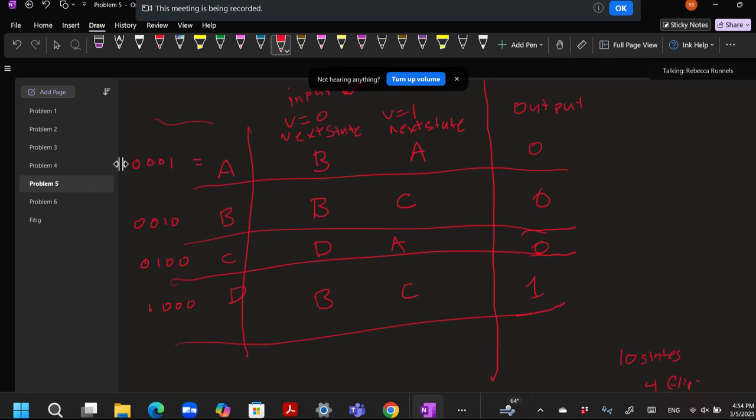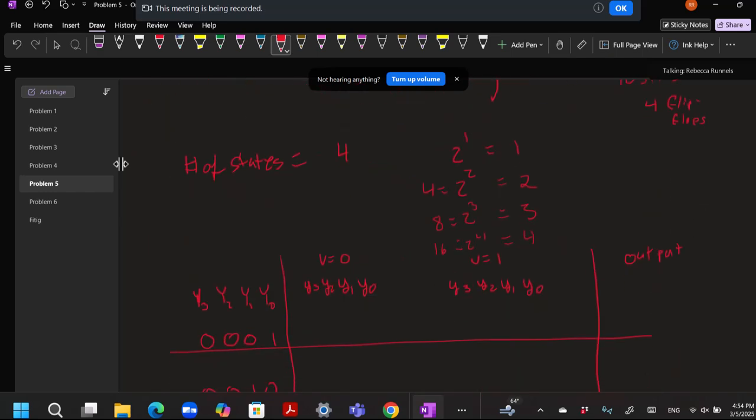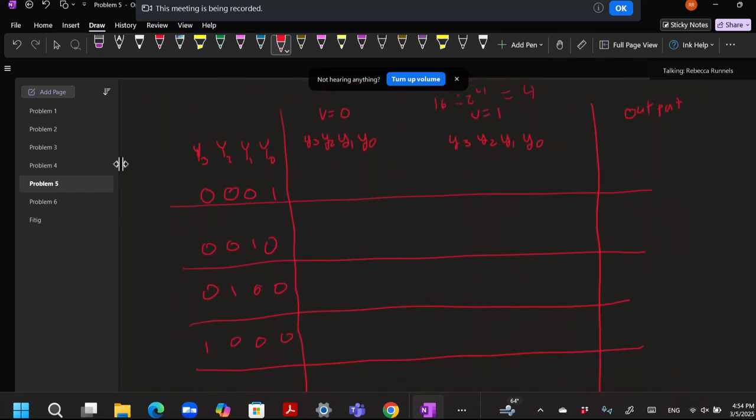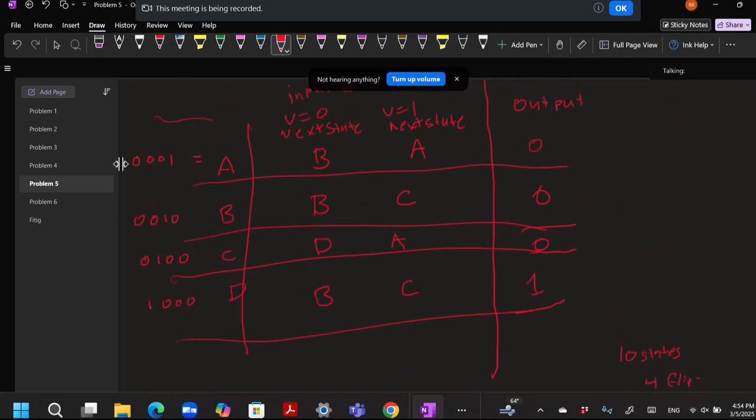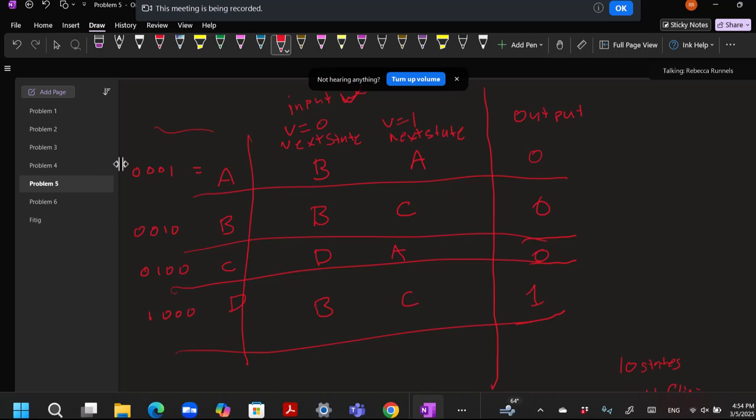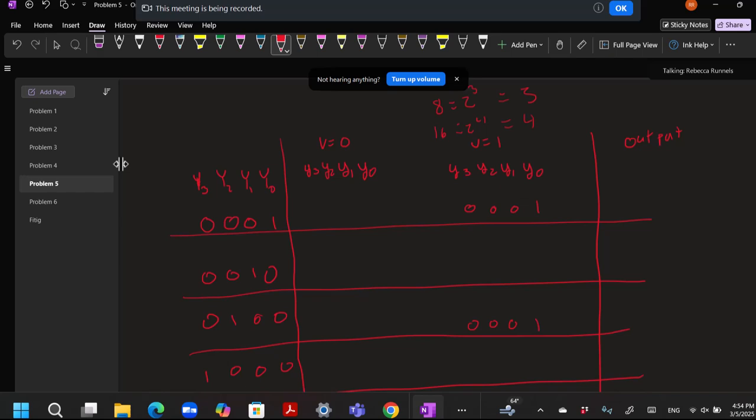So everywhere where I had an A in my state table, I'm going to have a 0, 0, 0, 1. So that was here. And here, I believe. And everywhere where I had a B, I'll have 0, 0, 1, 0.